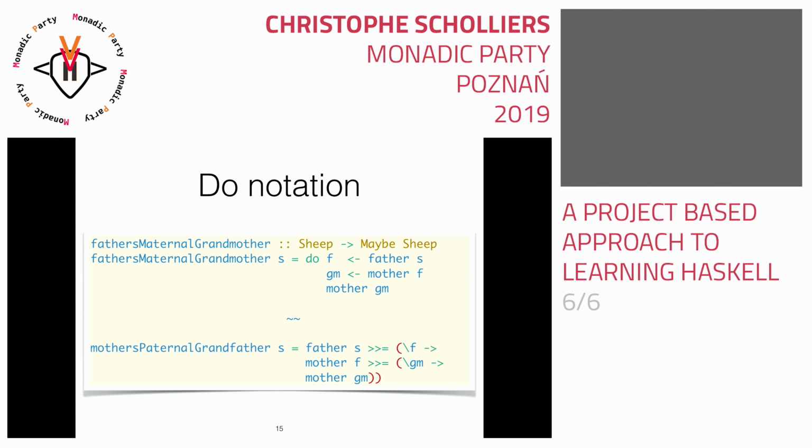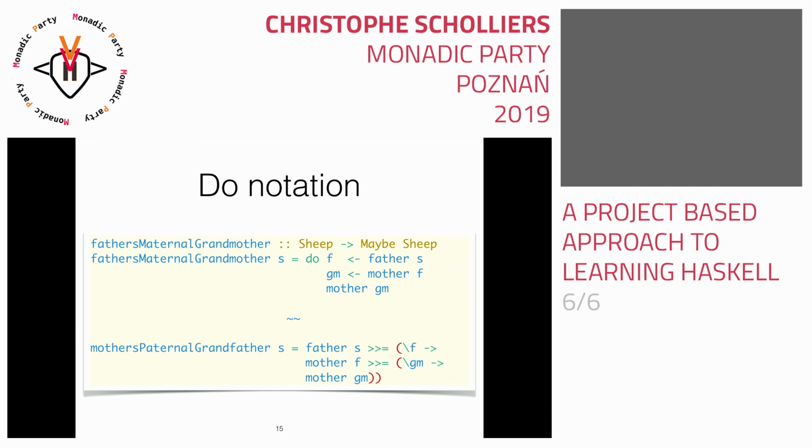And so you're going to continue with this f, and then you're going to bind again, because the mother of f is going to return a Maybe Sheep. You bind it with this function that receives the grandmother, and then you return the mother of GM again, which is a Maybe Sheep.